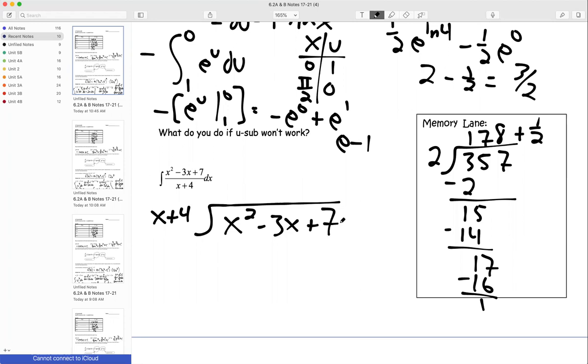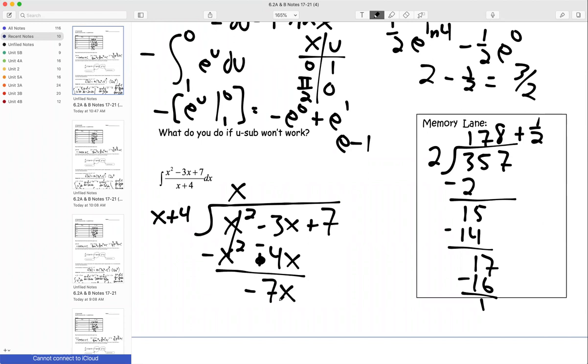What do I multiply x by to get x squared? X. So that's going to give me x squared plus 4x, but over here, I subtracted, right? So I've got to change the sign here, subtracting. That's going to cancel. And I've got negative 3x minus 4x is negative 7x.